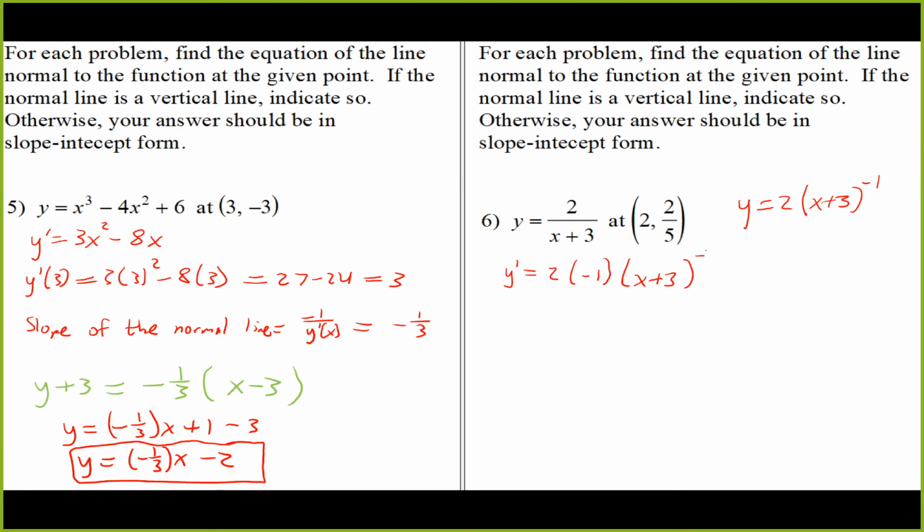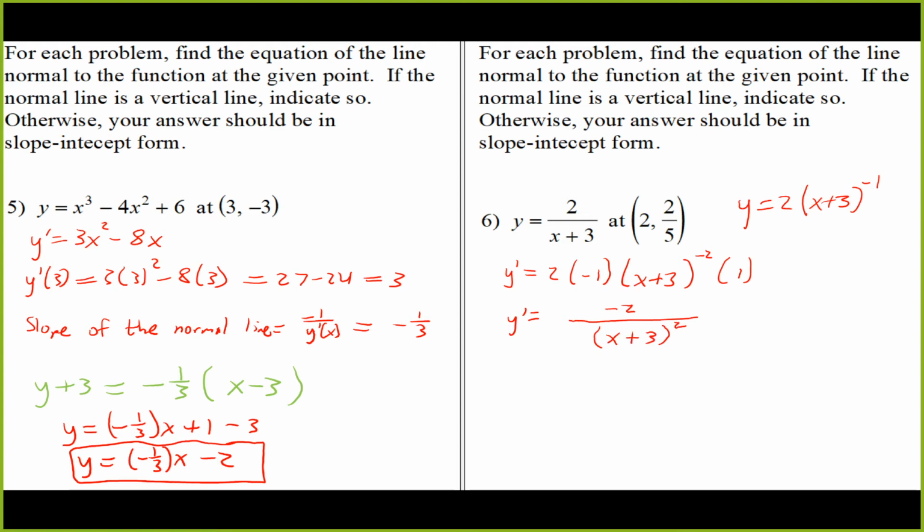Oh, negative 2. Okay, and then with chain rule, I would multiply by the derivative of the inside, which is 1 for us. So I'm going to multiply all of this out and we'll rewrite this. So let's finish this off and then I'll pass it to the next person. How do I simplify? Negative 2 over x plus 3 squared. Perfect.